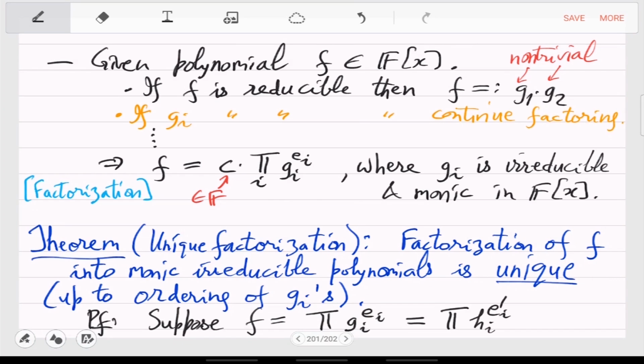There is also a constant in both these terms, actually we can put that. In general, this is the factorization: a constant multiplied by a sequence of powers of irreducible polynomials which are monic, and they are of degree 1 or more. The Gi are not constant, so the degree is positive.